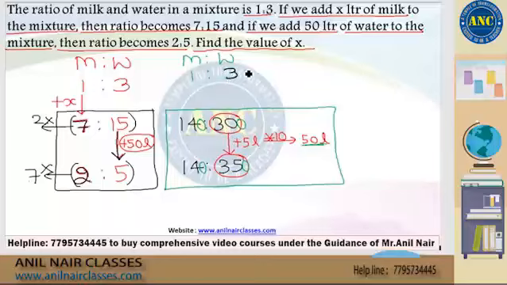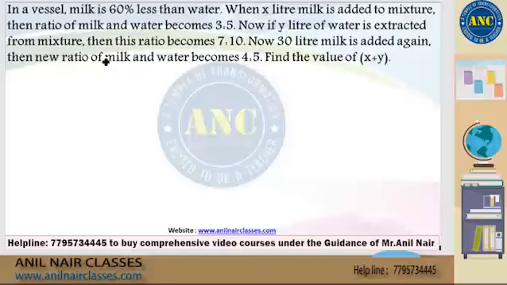Whatever water was present here, same water should be present here also. That means water should be 300. That means milk should be 100, right? Then only 100:300 is 1:3. Initially 100 liters milk. Next it is 140 liters milk. How much is x value? X value is 40.